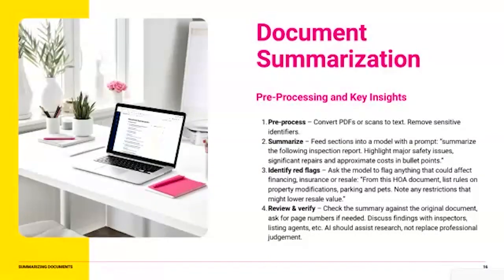You can have it look for certain items. Please tell me if there needs to be further inspection on the foundation, or what is the lifespan of the roof? Are there any recommended repairs that may need to be done in the next 5 or 10 years?